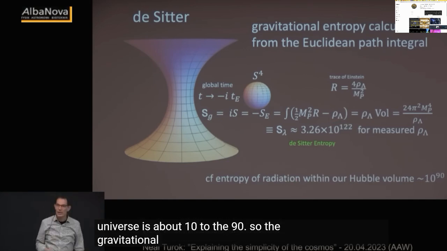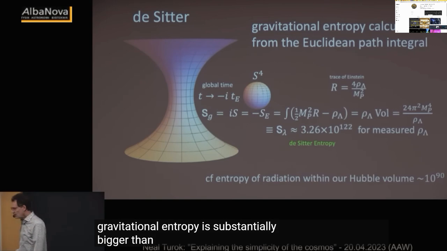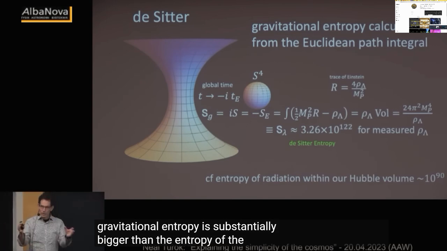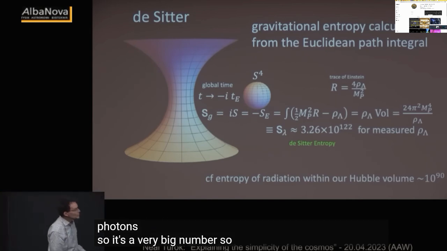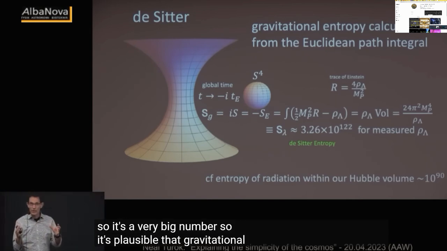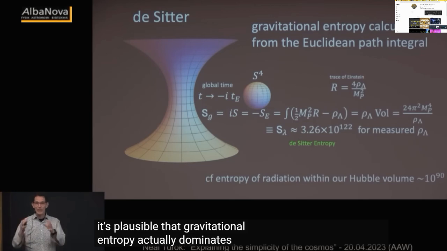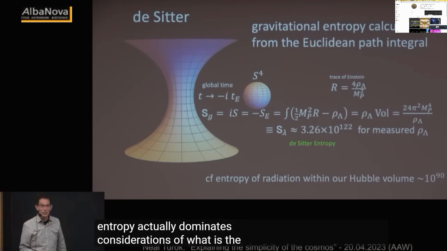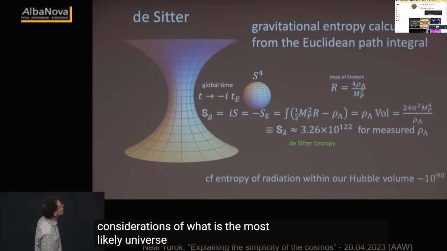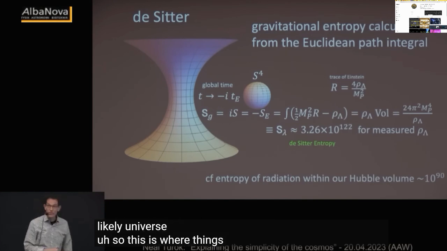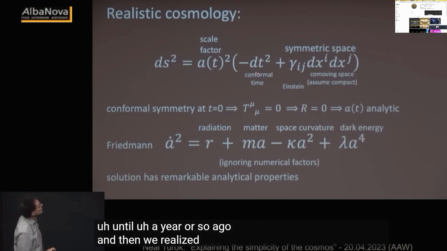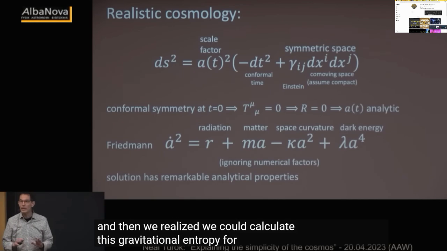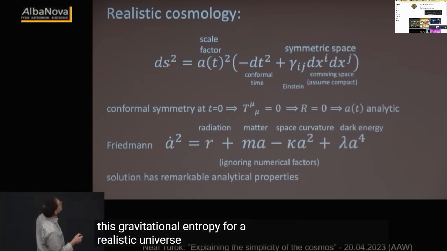So the gravitational entropy is substantially bigger than the entropy of the usual type, just the thermal energy in photons. So it's a very big number, so it's plausible that gravitational entropy actually dominates considerations of what is the most likely universe. So this is where things stood until a year or so ago. And then we realized we could calculate this gravitational entropy for a realistic universe. So how do we do it?